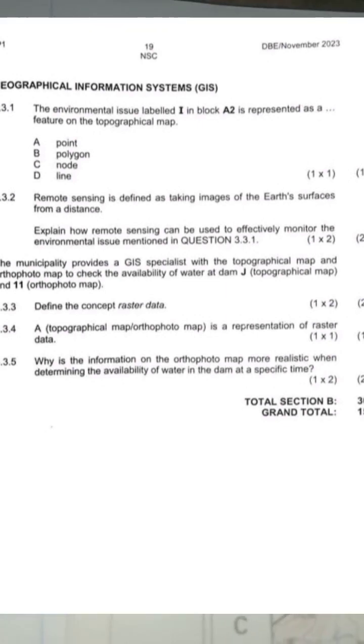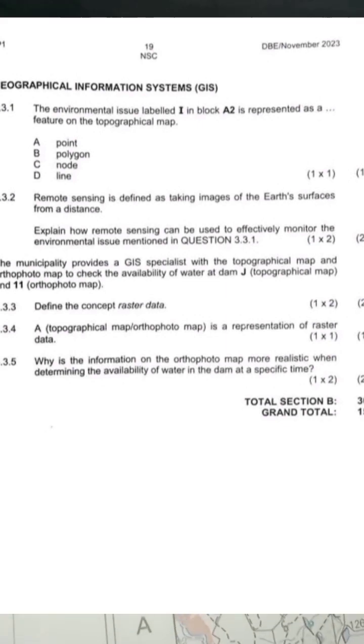We've already identified that. So they're asking us how can remote sensing be used to effectively monitor the environmental issue. To monitor is to regulate, constantly look at something, look at changes, look at what has changed. So how would remote sensing help us there? How would it be effective?